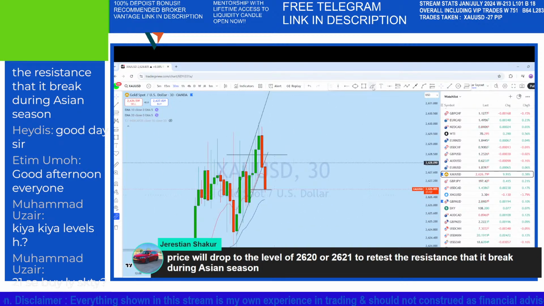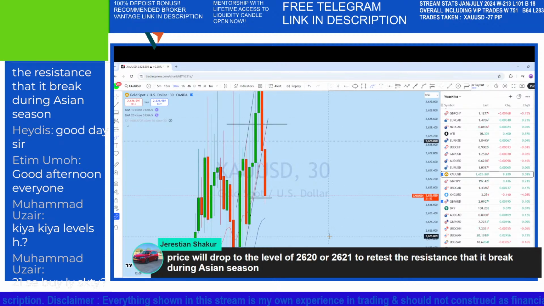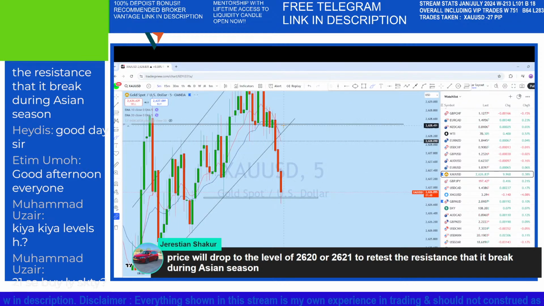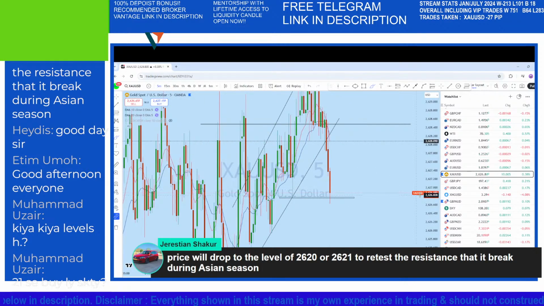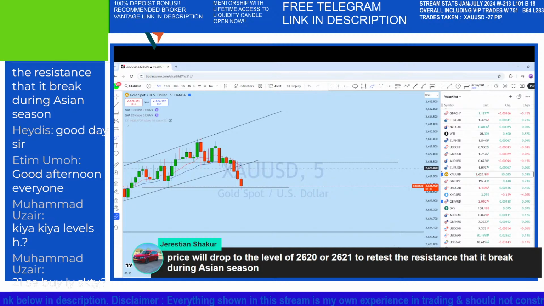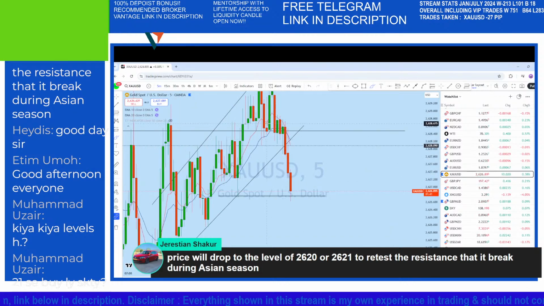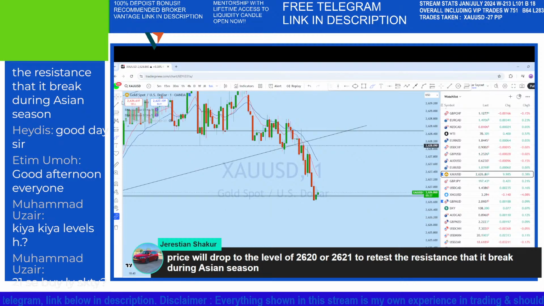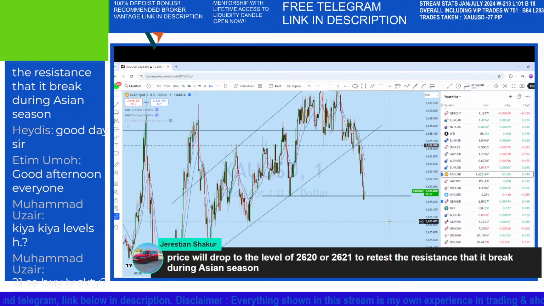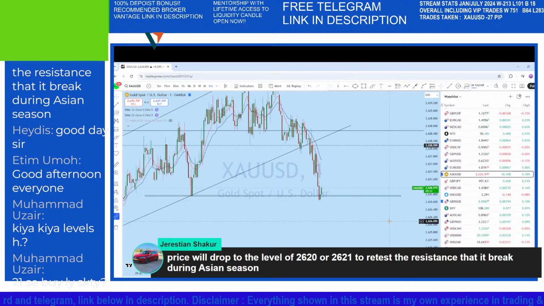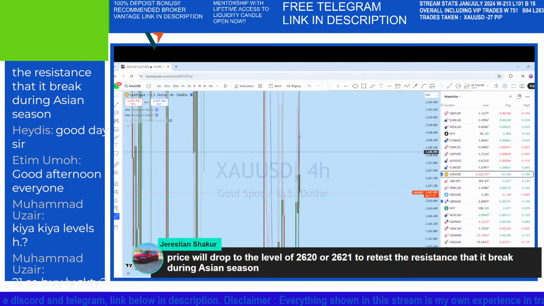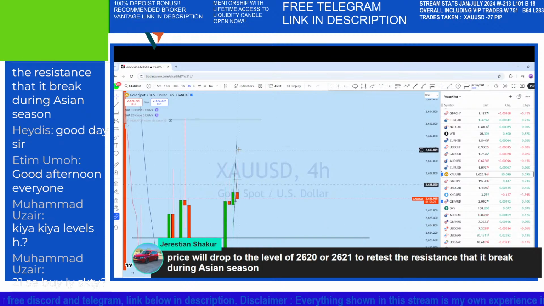Here is the 20 EMA from the 30 minutes. The question is, it's bouncing back up. Let's see the 4-hour time frame, how the market is evolving here. There's a 4-hour bullish candle.